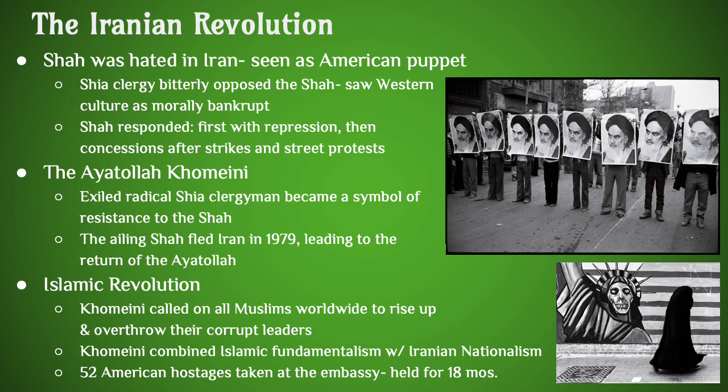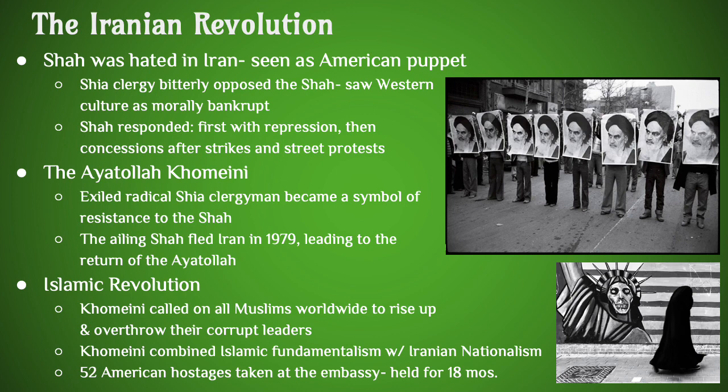The Shia clergy in particular were bitterly opposed to the Shah because they saw the Shah as someone who was perpetuating Western culture, which they felt was morally bankrupt. Initially, the Shah responded to that hostility with repression. When repression didn't work, he shifted to making concessions to the Iranian people.